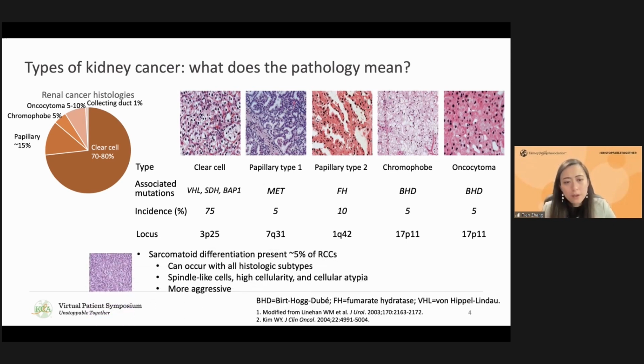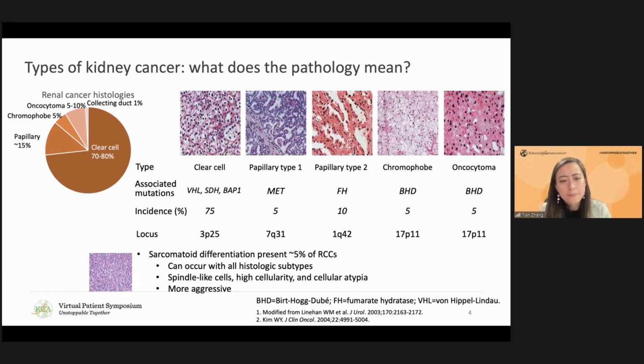Of note, and you'll hear me talk a little bit toward the end of this talk, there is a sarcomatoid differentiation that can present within each of these histologies. These are where the tumor cells become a little bit less differentiated. They look almost spindle-like, almost like sarcoma, which is why it's called sarcomatoid, and sarcoma is more of a feature of muscle-like cells.